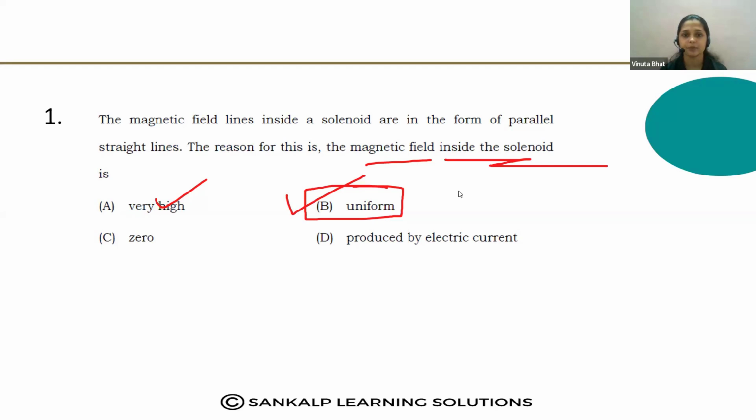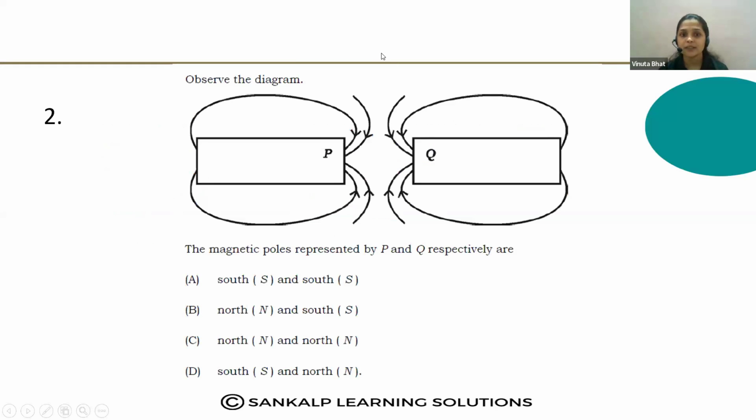Next question. Observe the diagram. The magnetic poles are represented by P and Q respectively. Here we don't know which part is a north pole or a south pole. So option A: south and south. Option B: north and south.